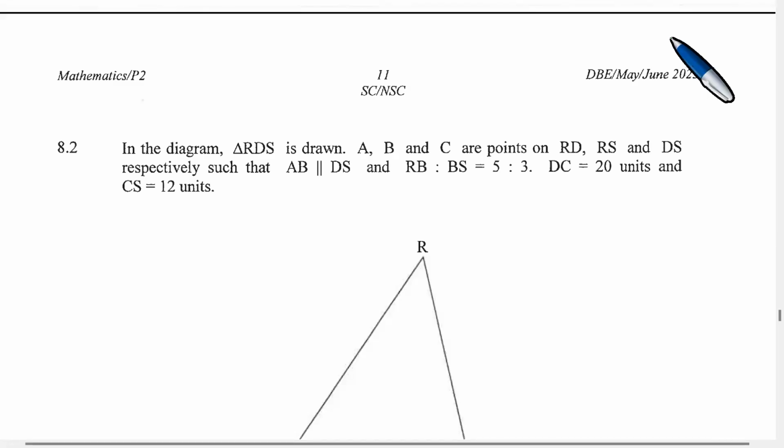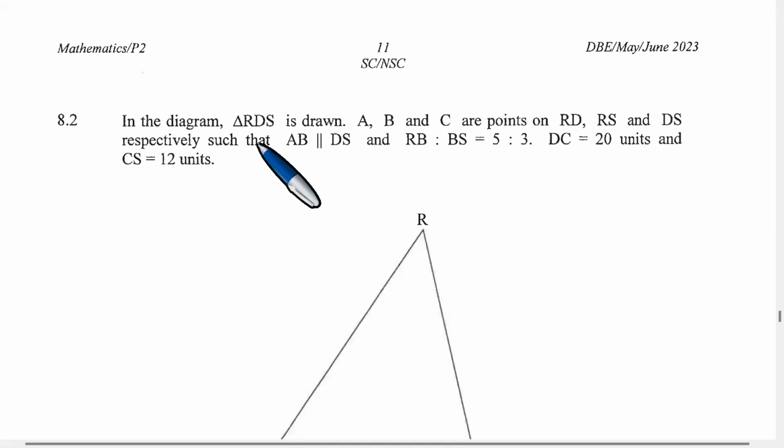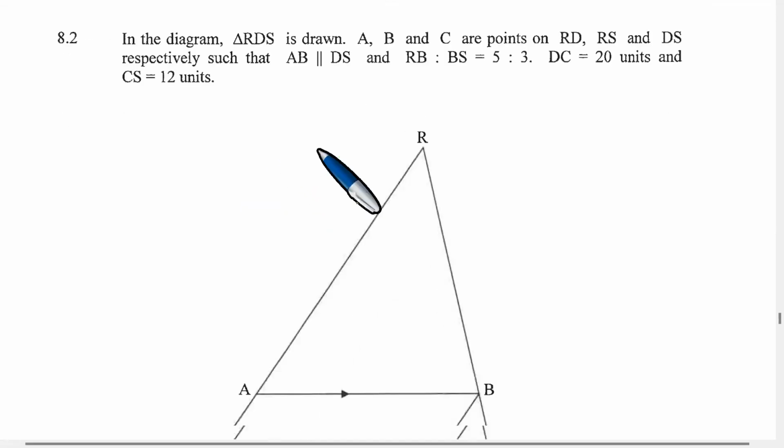We are discussing again the Euclidean geometry of the May June 2023 paper. In the diagram, we have triangle RDS.